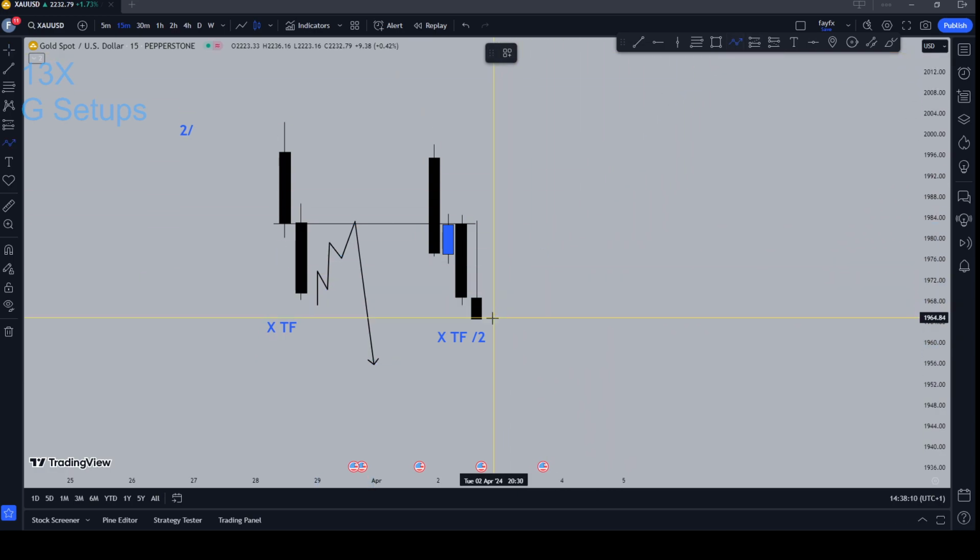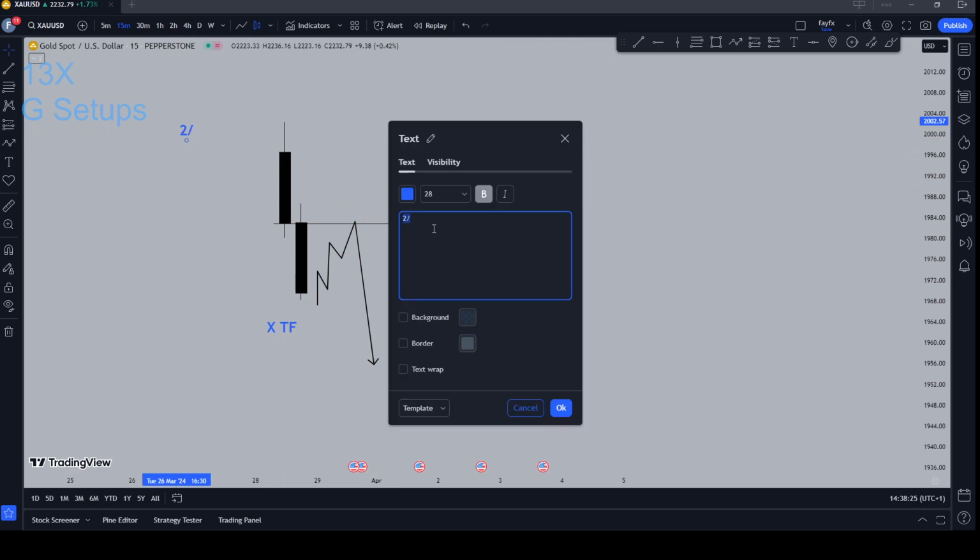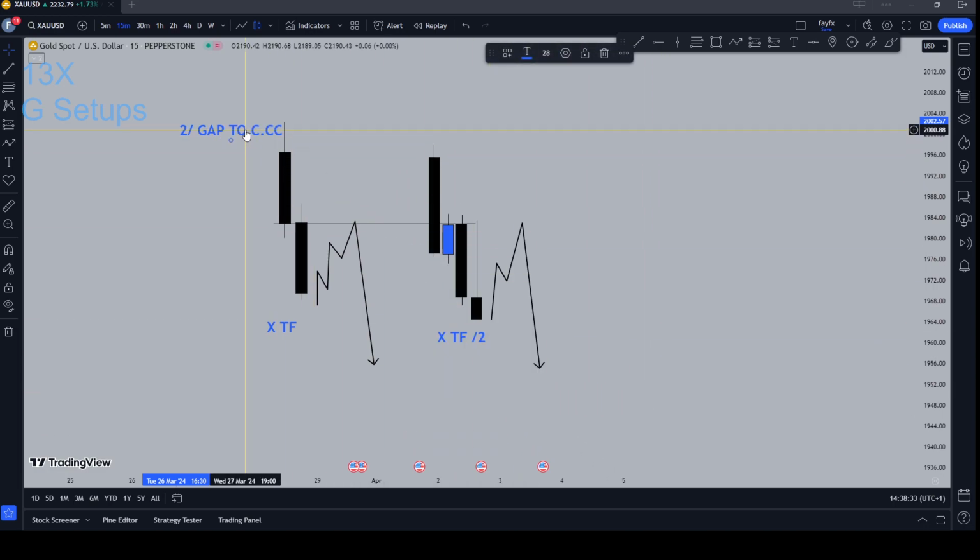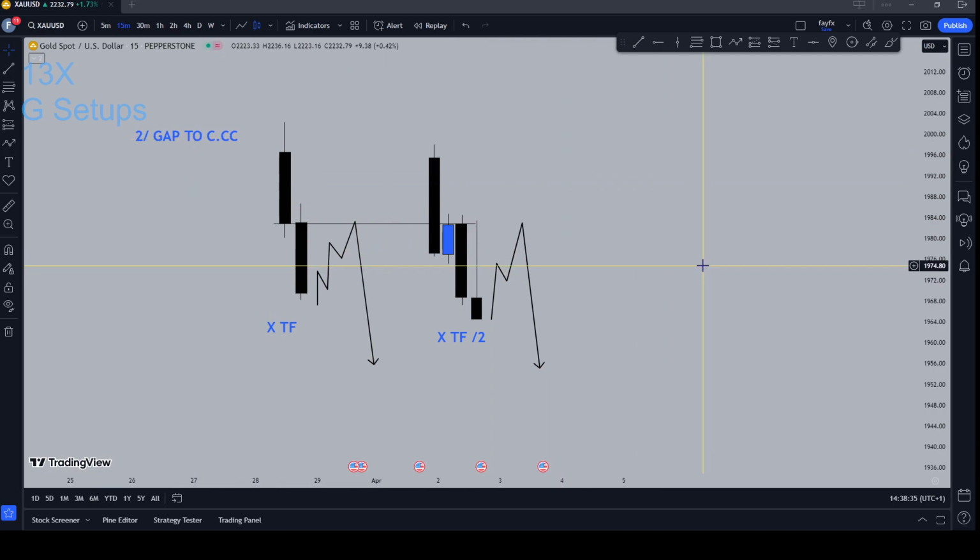Same thing here. This is very powerful, I just like it. Price will go up, touch that level, and melt down. So we call this a gap to classic CC. This is the second entry.